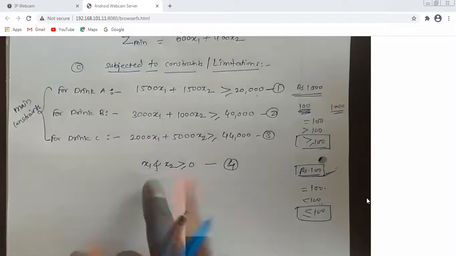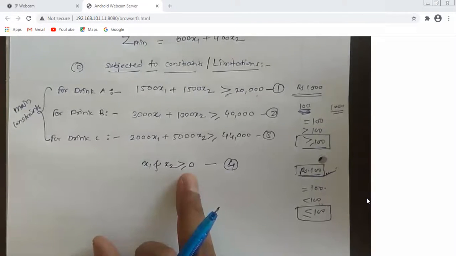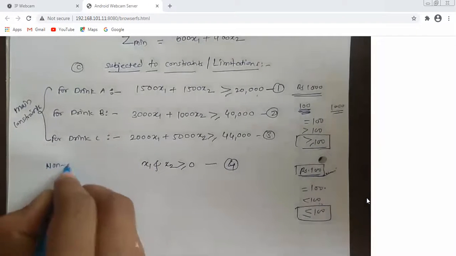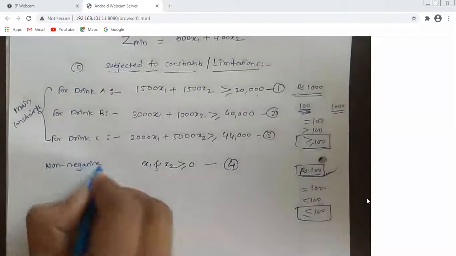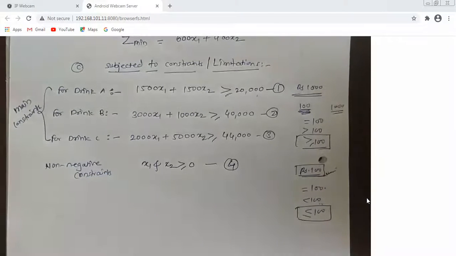Can we say that the Solan plant will run for -5 days or the Mohan Nagar plant will run for -5 days? No. Either we can say it will work for 0 days or it may work for more than 0 days. That's why we have added one more constraint. This constraint is called the non-negative constraint that we have added from our side. Got it?